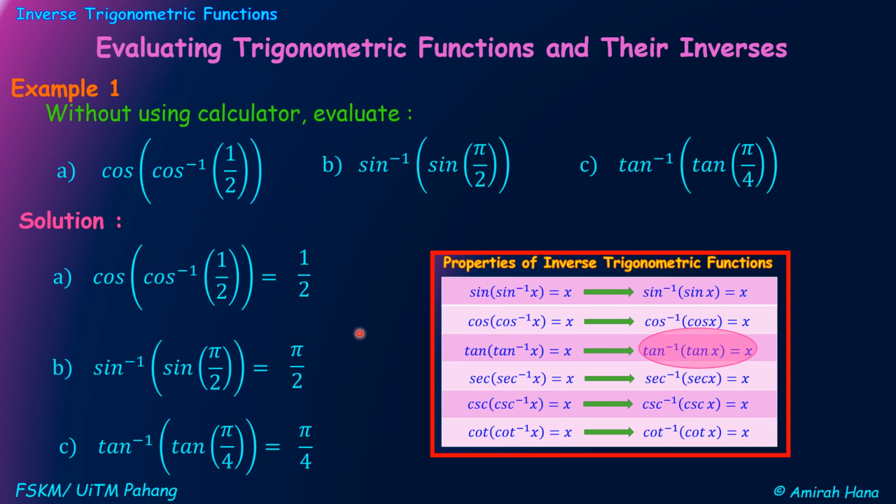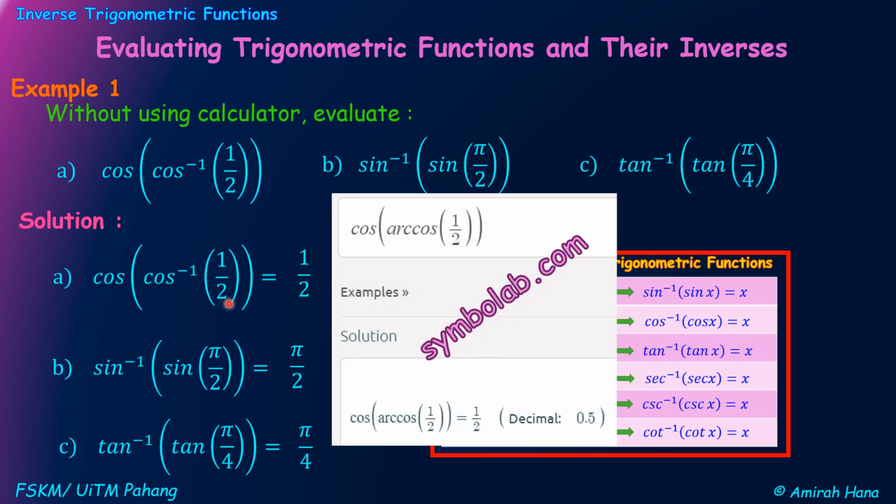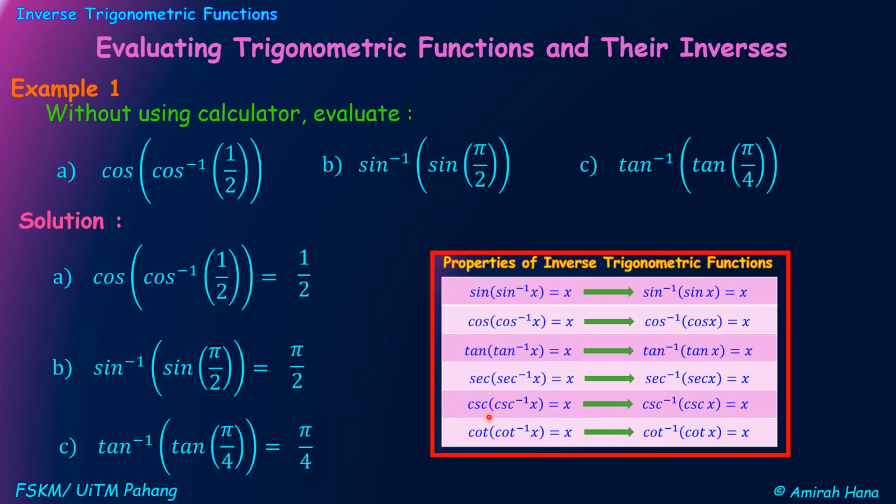We can also use Symbolab to check the answer. From A, we have cos and then inverse cos. Using Symbolab, we need to use arc cos and then bracket half. After we press enter, we get this answer, half.